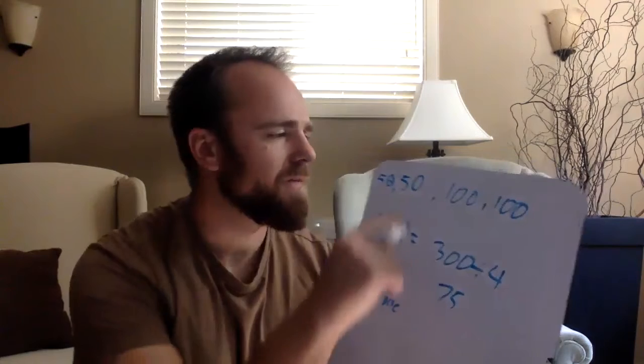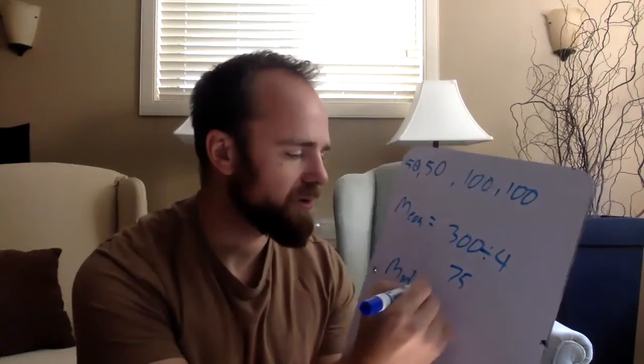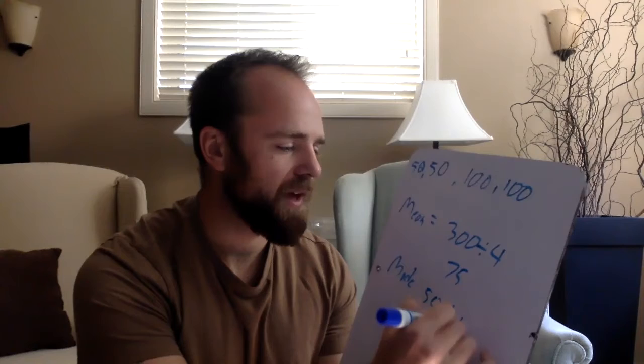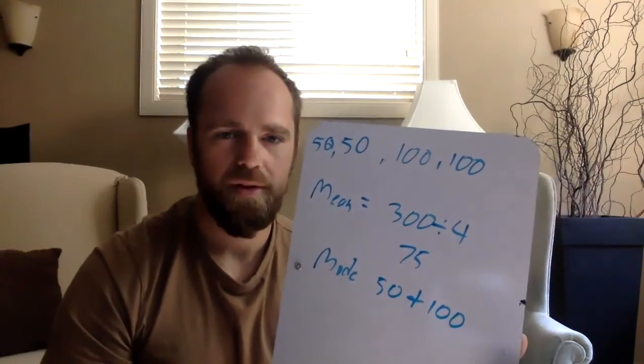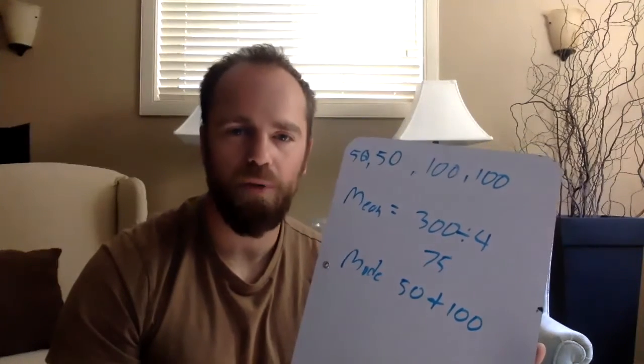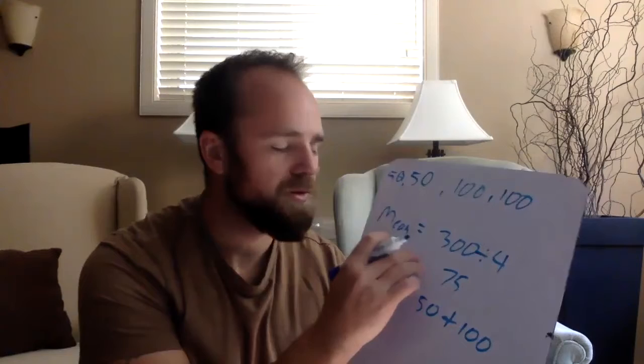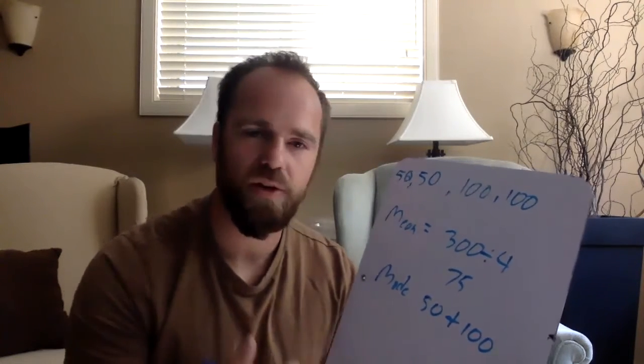Now, my mode, well, what do I do here? Because I have 2 here and I have 2 here, I'm actually going to have 2 modes. So my modes are going to be 50 and 100. So you can have multiple modes. You will only ever have one mean, but you can have multiple modes, whichever ones are occurring the most.